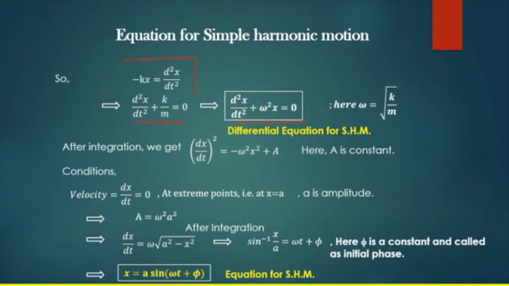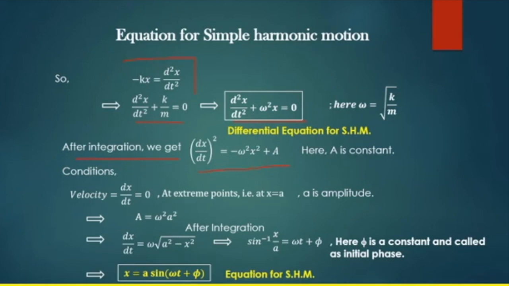Now, if we want the solution of this differential equation, then we need to integrate this equation and then we will get this kind of equation. Here, the capital A is the constant of integration, and we can get the value of capital A by putting some conditions.